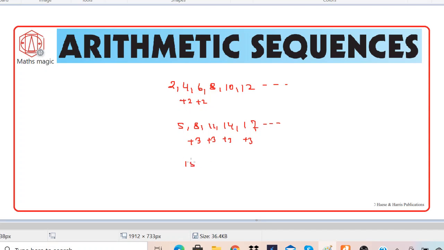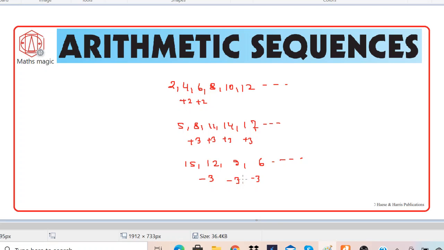Let's say you are having 15, then 12, then 9, then 6, and so on. So just look at this. Every new number is obtained by decreasing 3 from the previous number. So 15 minus 3 is 12, 12 minus 3 is 9, 9 minus 3 is 6.